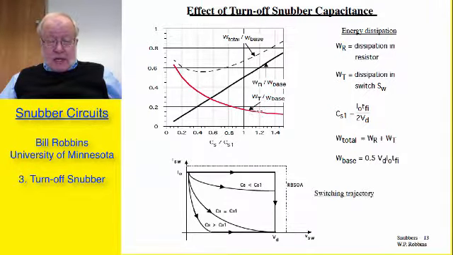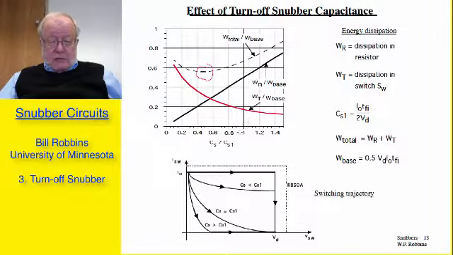The energy dissipated in the switch, of course, goes down as you increase the capacitor. And the total energy that is dissipated in the circuit, the snubber circuit plus the switch, is indicated by this dotted line. The minimum total power dissipation is at a capacitor value of about 1/2 the normalizing value.